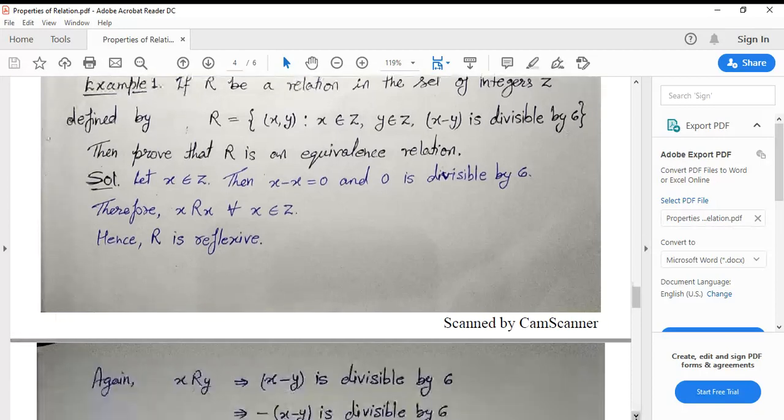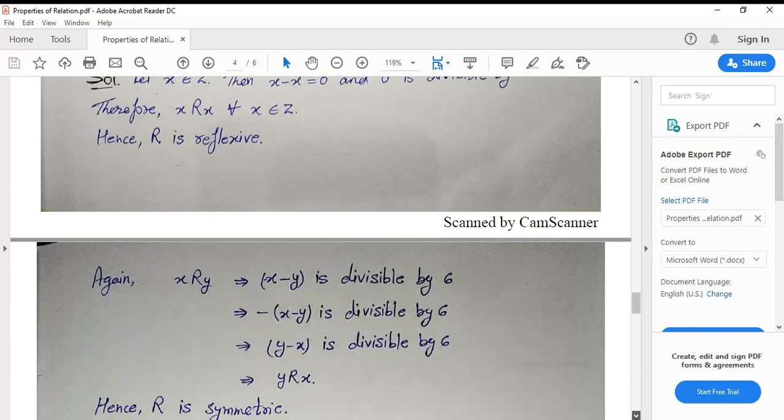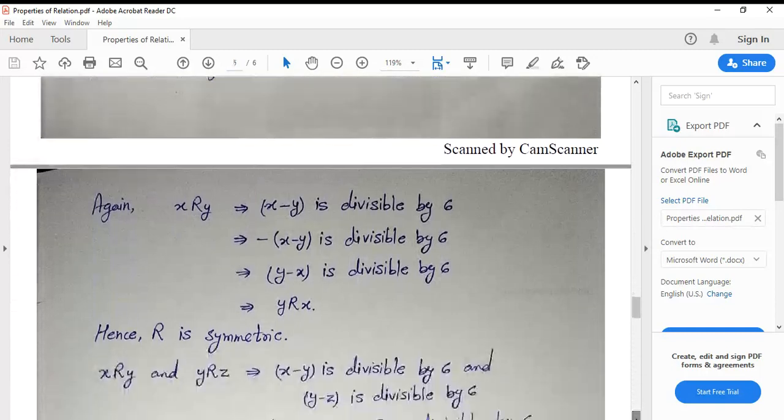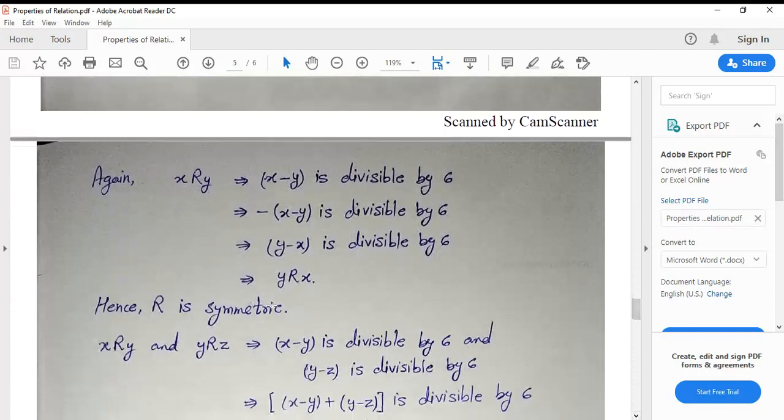Now second, we have to show that it is symmetric. So for symmetric, we have that if x is related to y, then y is related to x. So we have to prove this. First let's take that x is related to y. So we have the relation x minus y is divisible by 6.